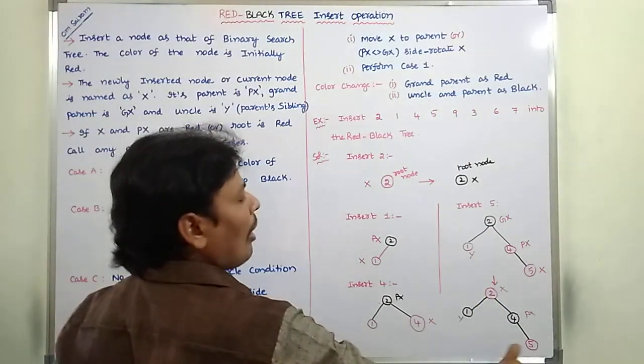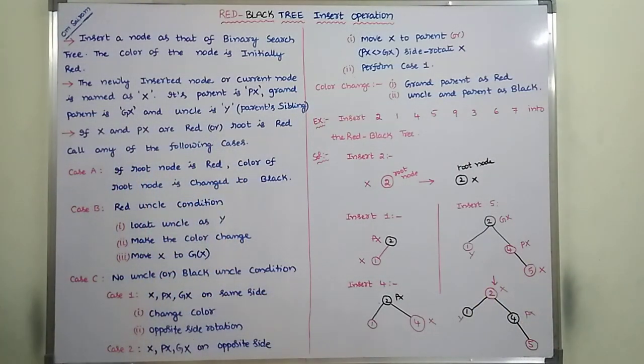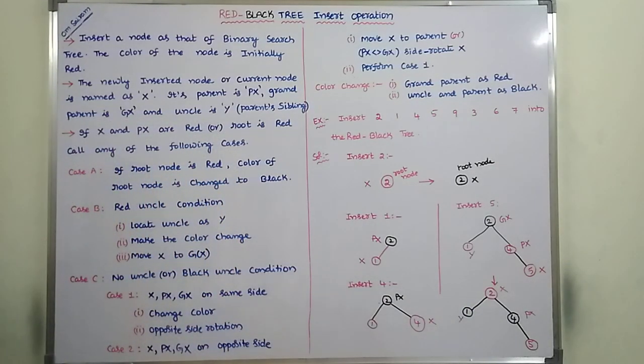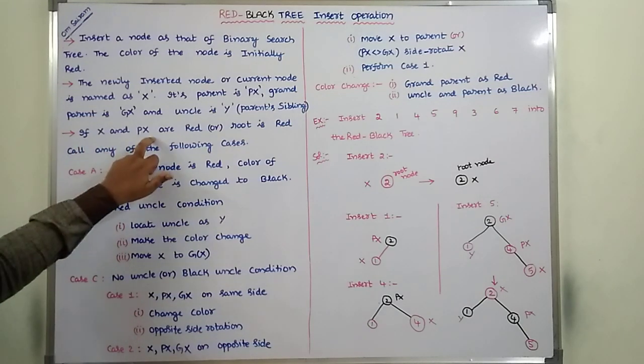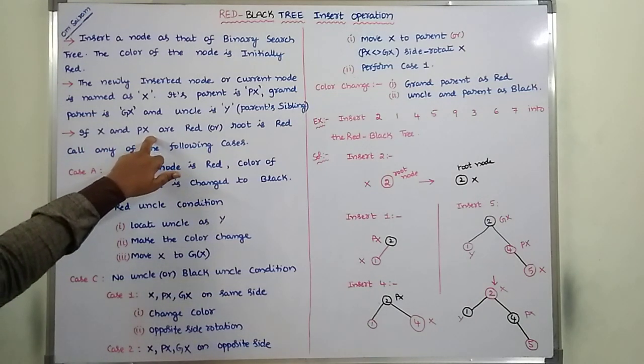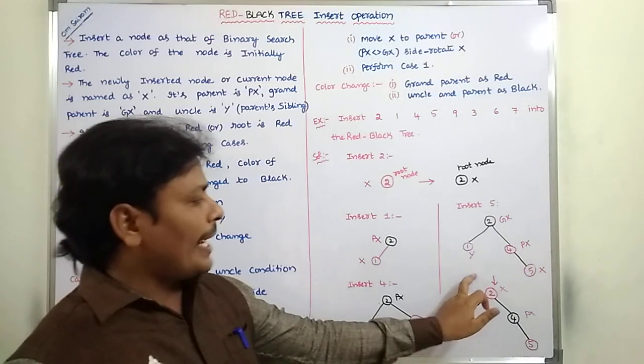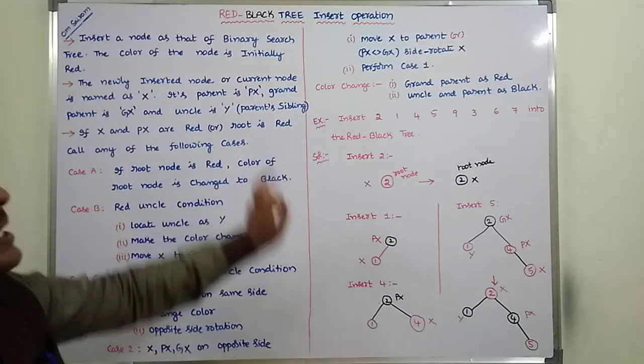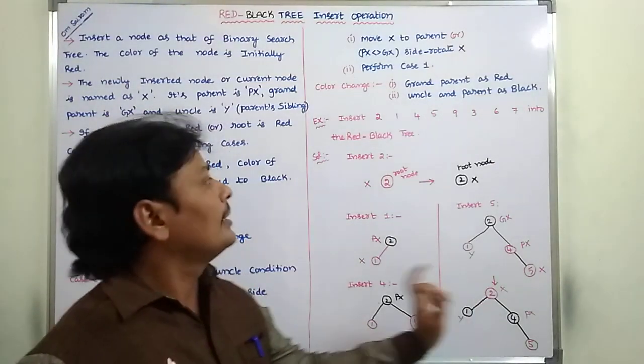This is the red black tree. Now, is this a red black tree or not? First, if x and px are red, no. Or root is red, so root is red, yes.